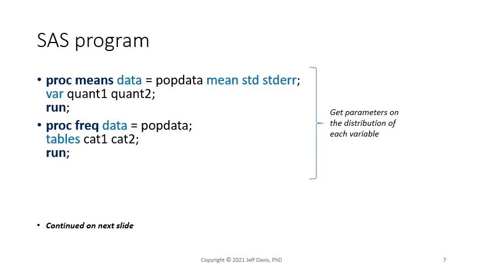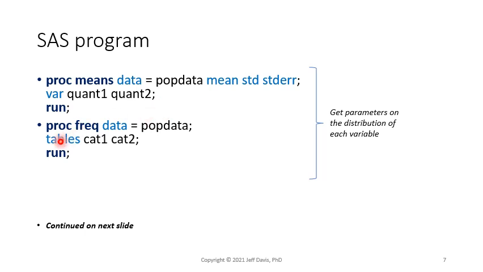In order to get the parameters for the two quantitative variables, we simply write proc means data equal pop data, and then we use the options: mean, standard deviation, and standard error. Then use the var statement, var quant1 quant2, and that'll give us the means.